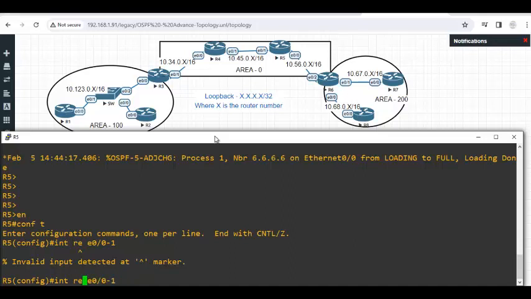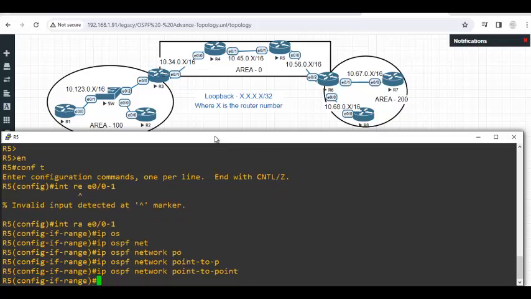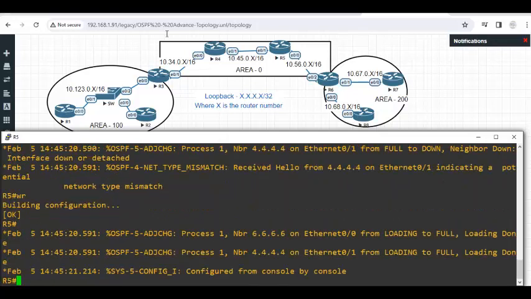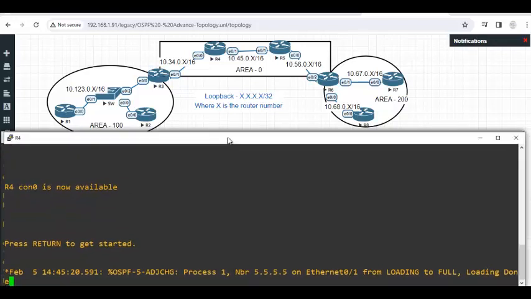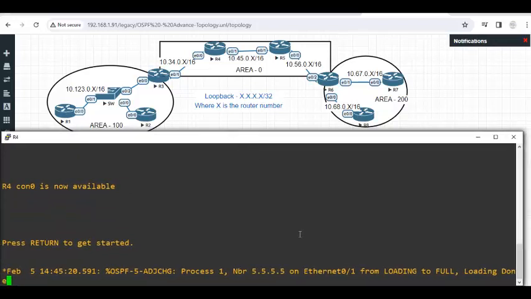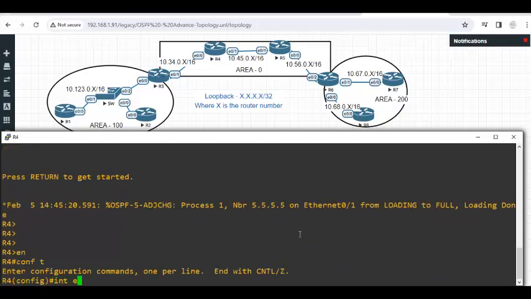And just one more router. No, two more. On router 4 also I have to do it. On router 4 also I have to go to those two interfaces, isn't it? Because we don't have more than one device in the LAN. Ethernet 0/0, IP OSPF network type point-to-point.